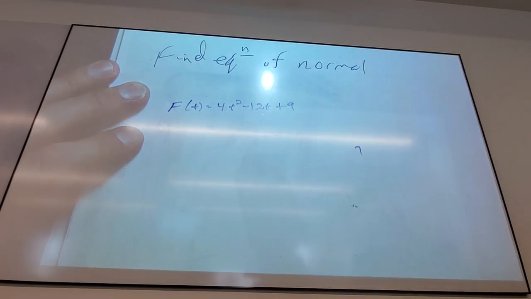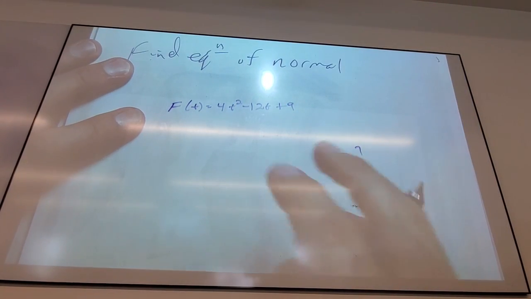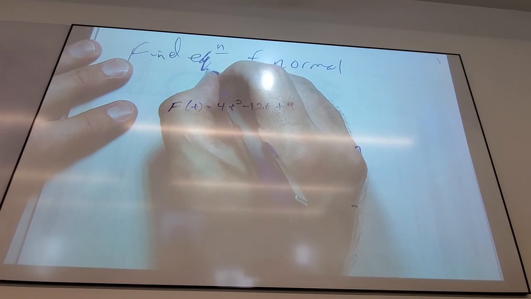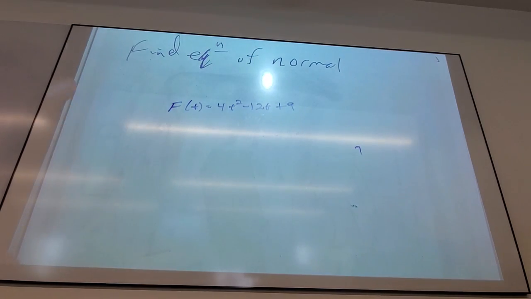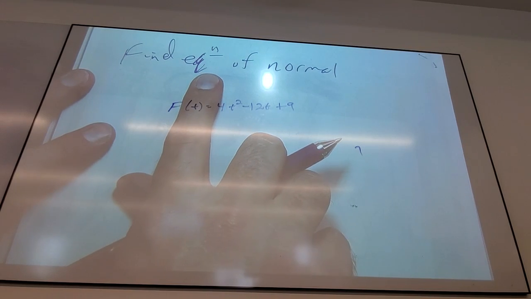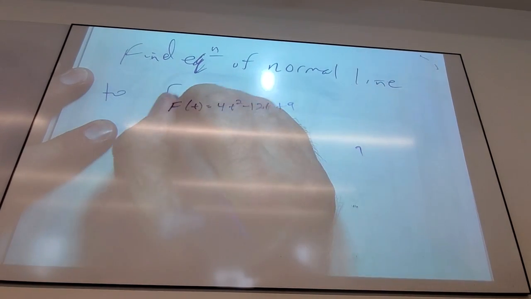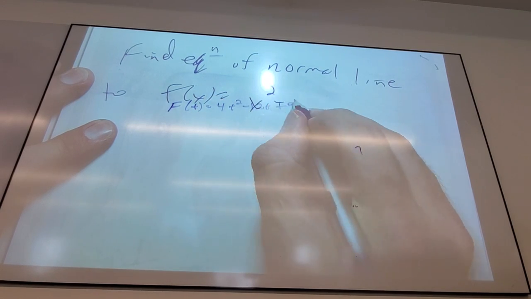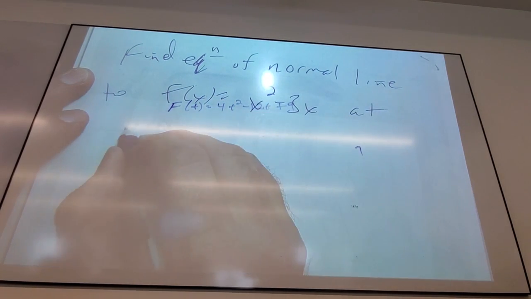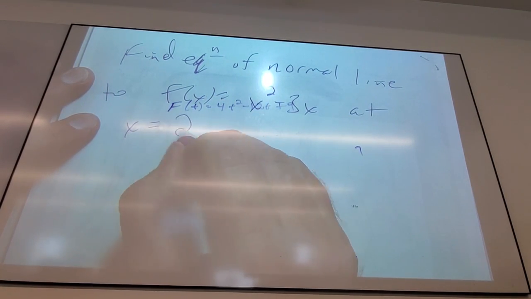By the way, I'm writing EQN, which means equation. It's just a quick way to write it. The less I have to write, the better. Find the equation of the normal line to f of x equals x squared minus 3x at x equal to 2.